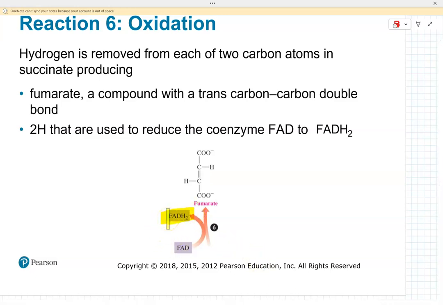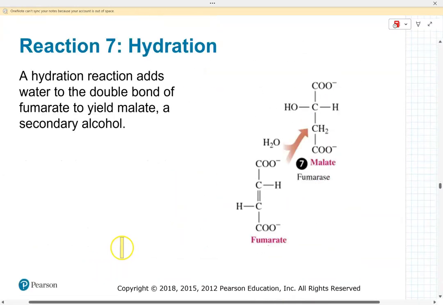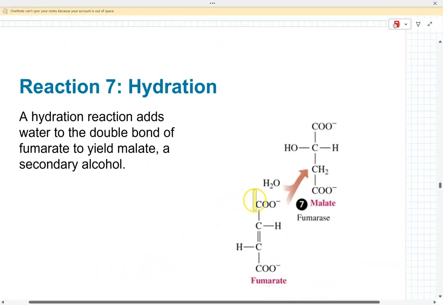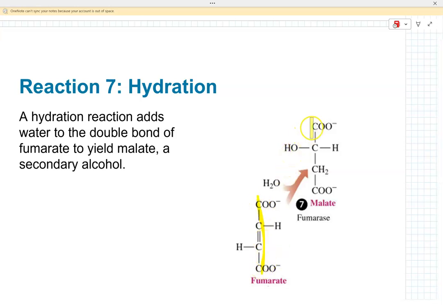FAD to form FADH2. Again, hydrogens and electrons. How many carbons are in the fumarate? 4.